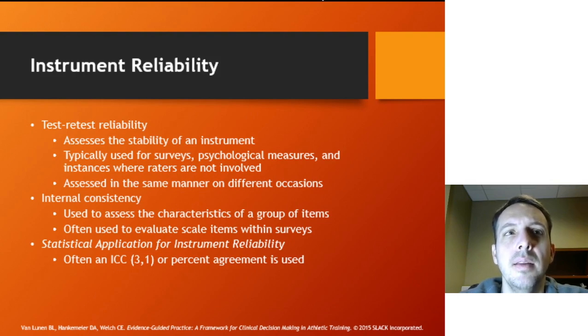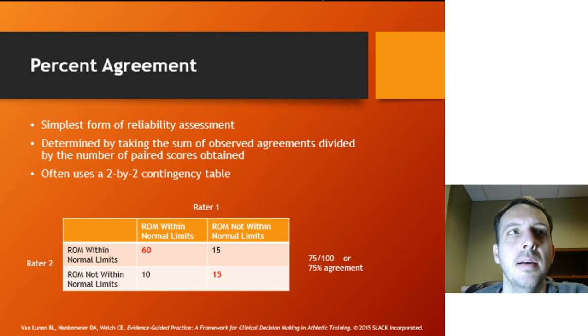And so when we get into instrumentation reliability and this specific thing, we can continue to use ICCs, usually Model 3, Form 1, or we can also add this idea of percent agreement when we get into more nominal type data.